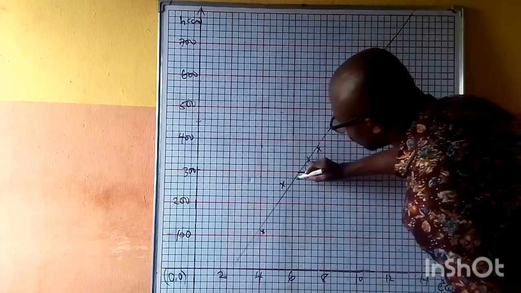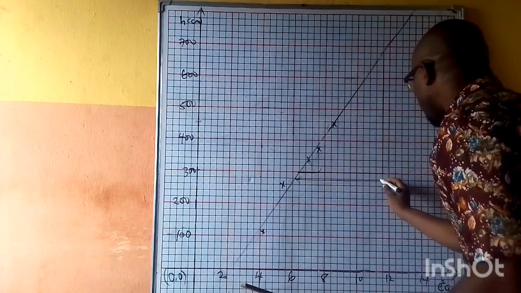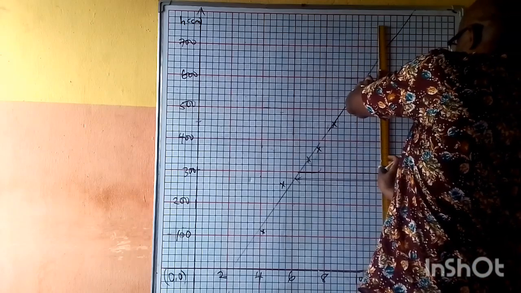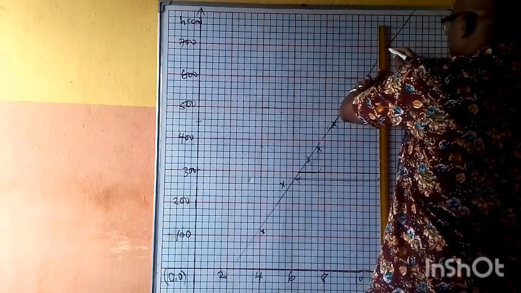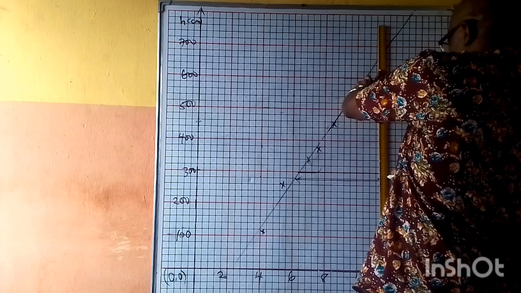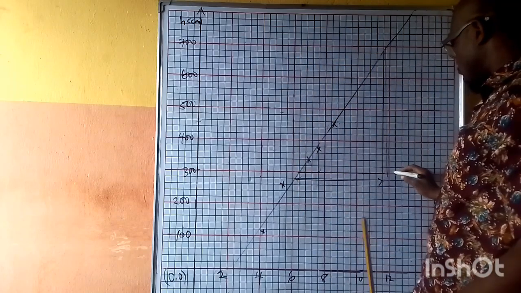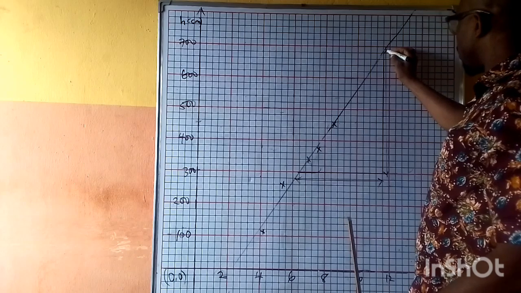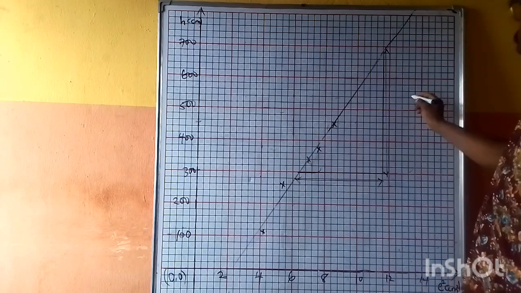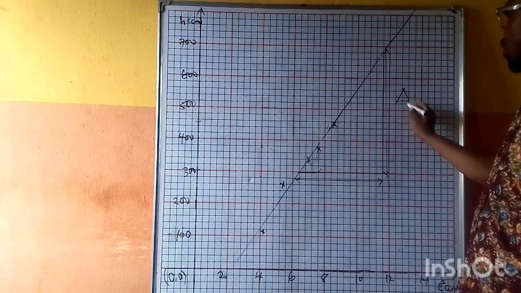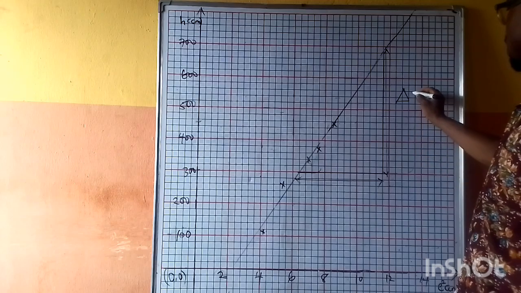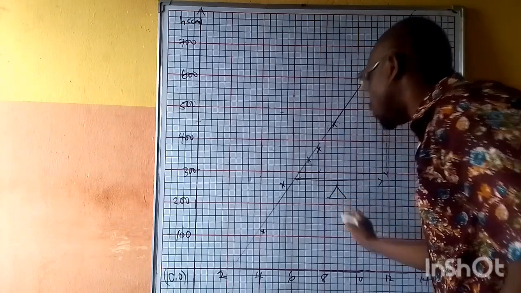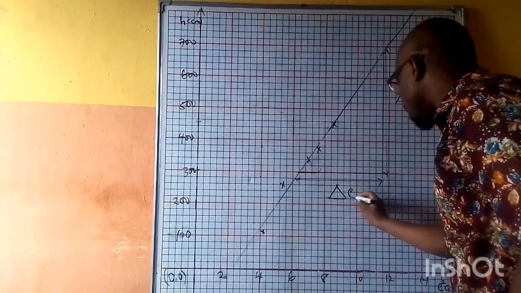Use arrows here, and at the same time we can make another mark here to show that we are reading from this point down to this. So we can label here as change in h, while here is our change in e squared.